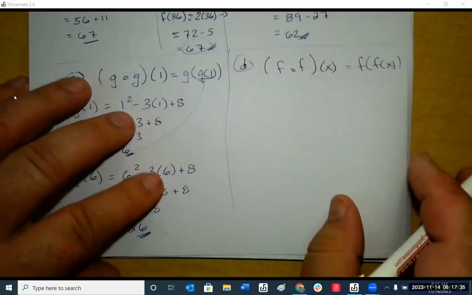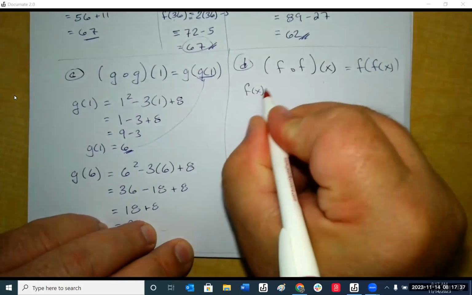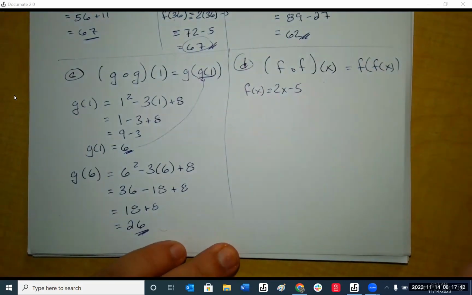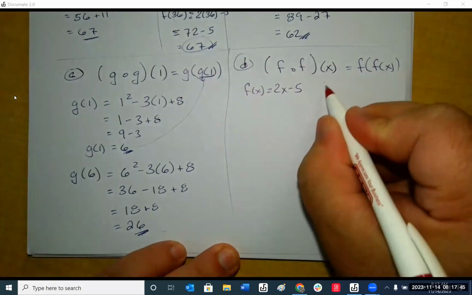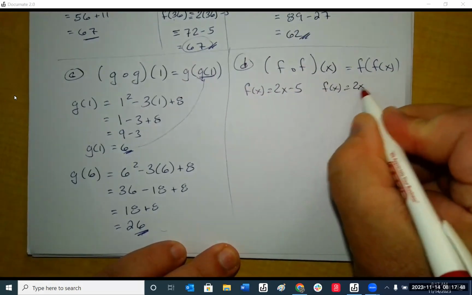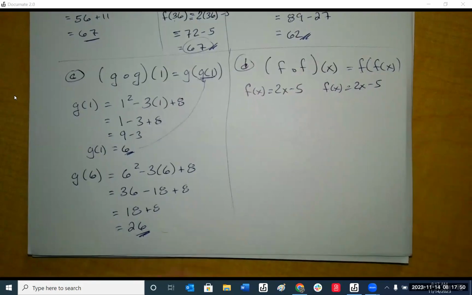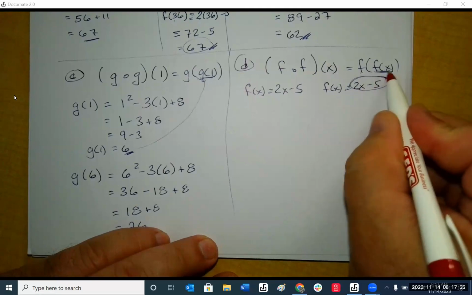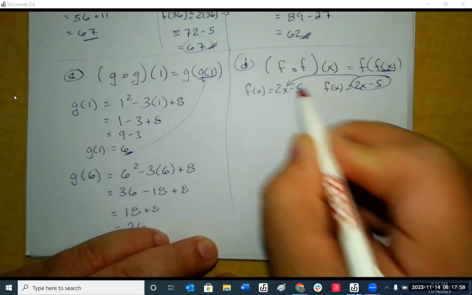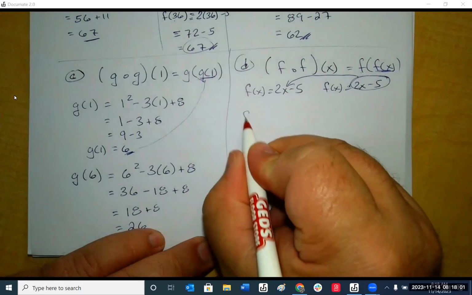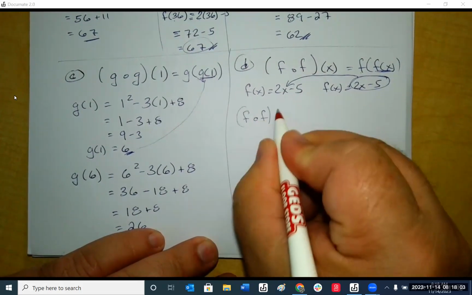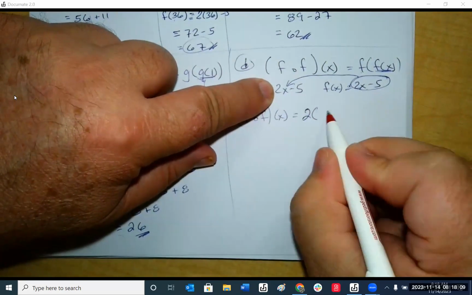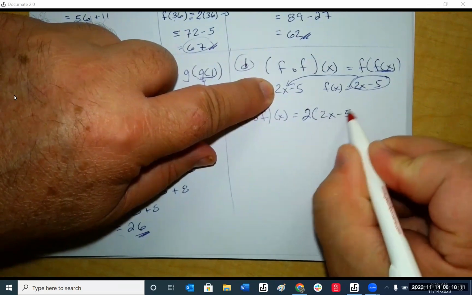All right, so let's review. f of x was 2x minus 5. And since it's f of f, then f of x is 2x minus 5. I have two functions and they're both f of x. I take the second function, the internal function, and anywhere I see an x, I put that in there. So f of x is actually 2 times the f of x, which is 2x minus 5.